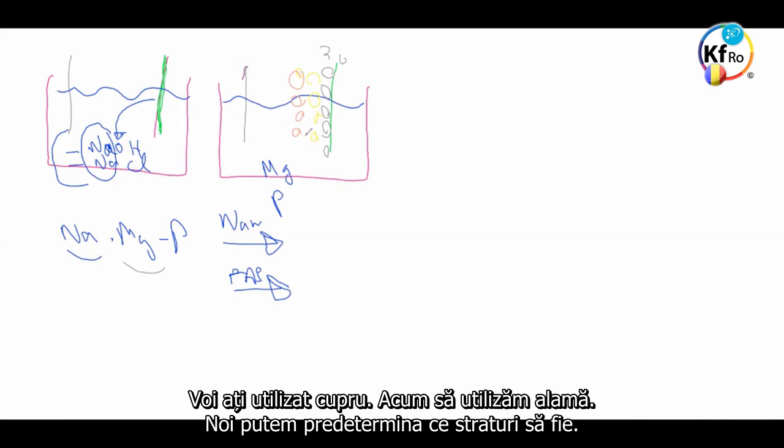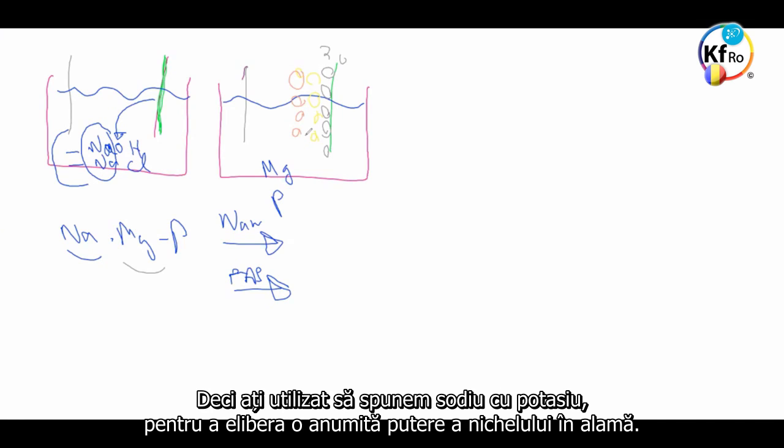You used copper. Now let's use brass. We predetermine which layers we want to be. So you use, let's say, sodium with potassium to release a specific strength of the nickel in brass.